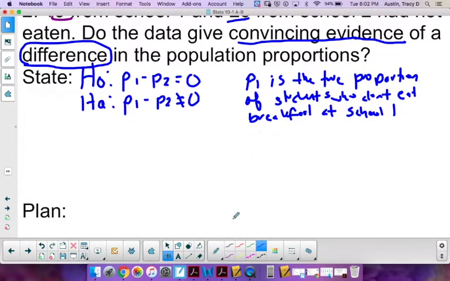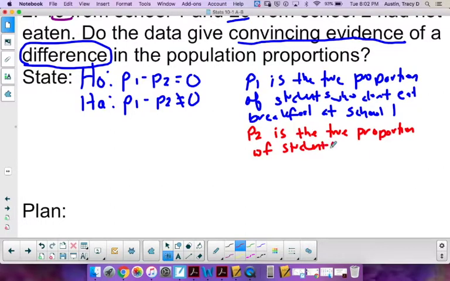And that means that obviously P2 would be the true proportion of students who don't eat breakfast at school 2. So that's defining them separately and letting your null and your alternative speak for which way you're defining it, or which way you're subtracting it.